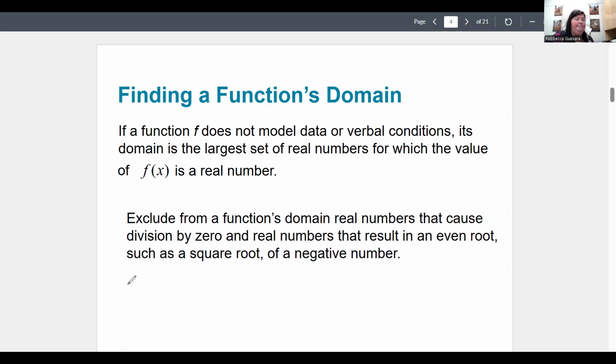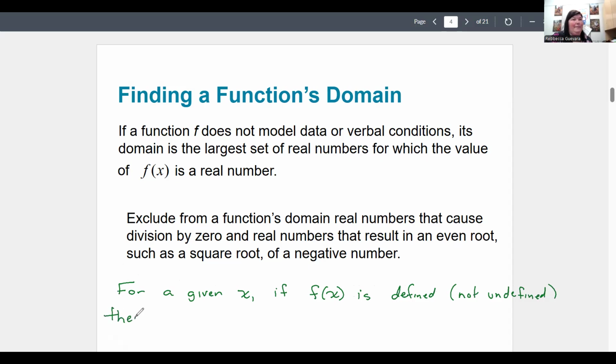So for a given x, if f of x is defined, meaning that I put that x in and we actually get a value, so it's not undefined, then the given x is in the domain of your function.